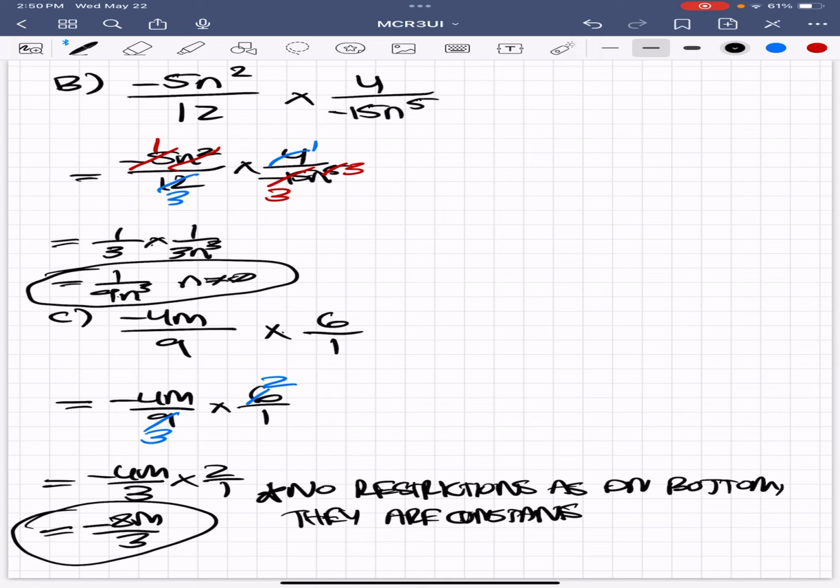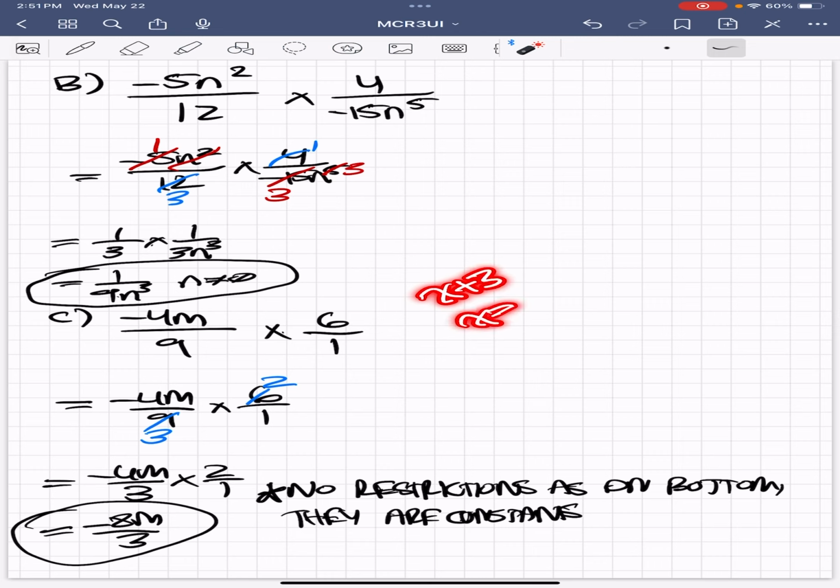No restrictions, as on the bottom there are constants, so there's no variable on the bottom. And with restrictions, it has to do with the variable. Like if this negative 4m was on the bottom, then it would be m cannot equal 0, because when we input into the function m equals 0, then it just doesn't work. But if it was like a mathematical expression like x plus 3, then x cannot equal negative 3.